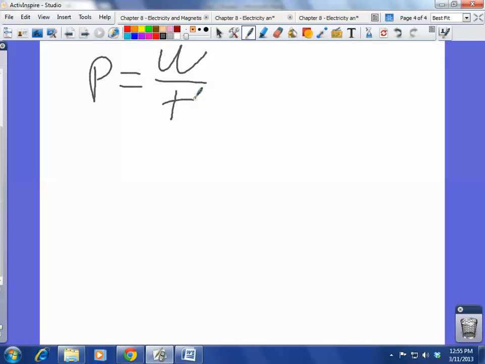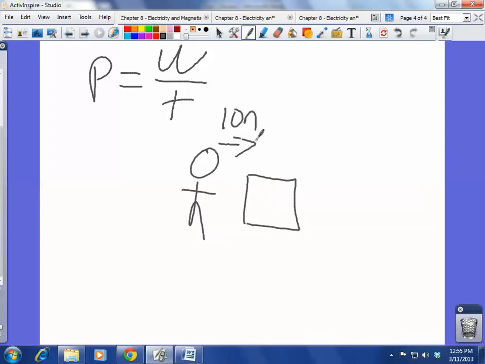So if I go back to that example, that guy applying 10 newtons of force, moving that box 5 meters. So we know his work was just 10 newtons times 5 meters.